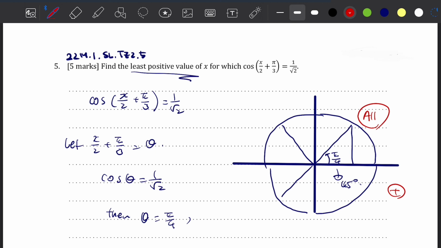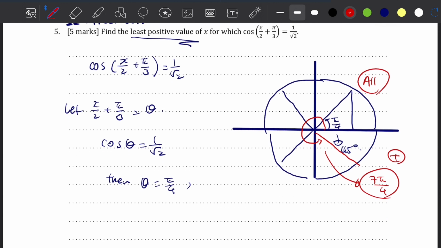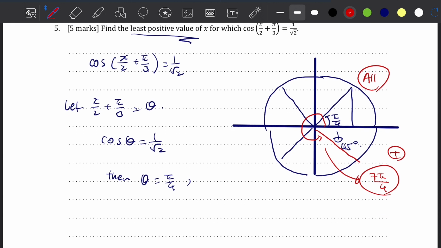So 7 pi over 4 is also your next positive cosine value. Don't forget that. Let's draw it like this. So we know that there are two possible answers, pi over 4 or 7 pi over 4.